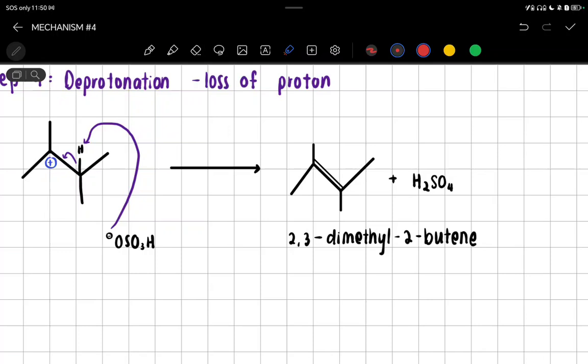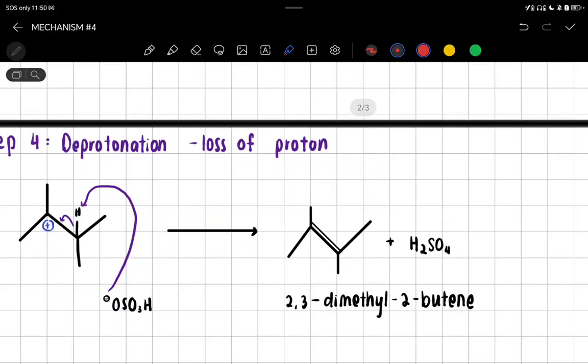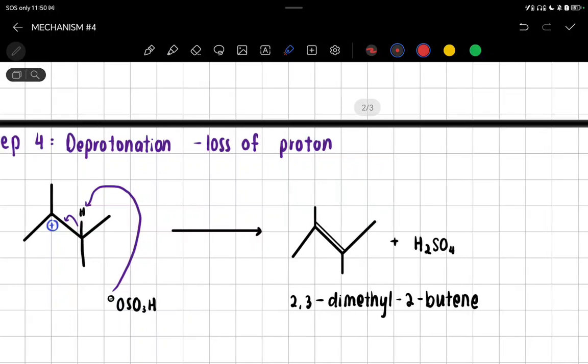So the two electrons of the sigma bond between the C and H are pushed between the C and C to form a pi bond. So this process will break the sigma bond. So the formation of 2,3-dimethyl-2-butene is the major product according to the Zaitsev rule.